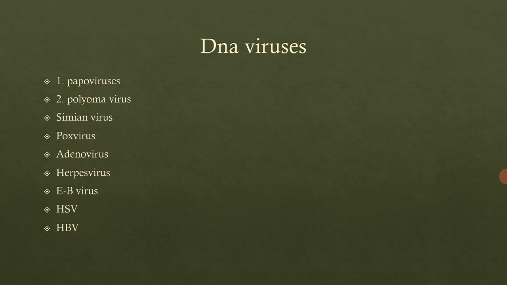In that, the first group is the papovaviruses. Which virus comes under this? The HPV virus, that is the human papilloma virus. Now, the association of this virus with tumor cells or cancer of the cervix uteri.